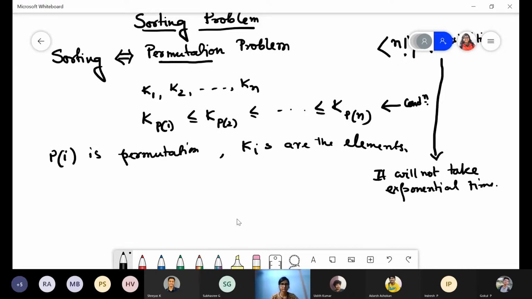Now, probably you know lower bound theory, right? Have you heard of this? Comparison based sorting algorithms are theta of n log n, at least.